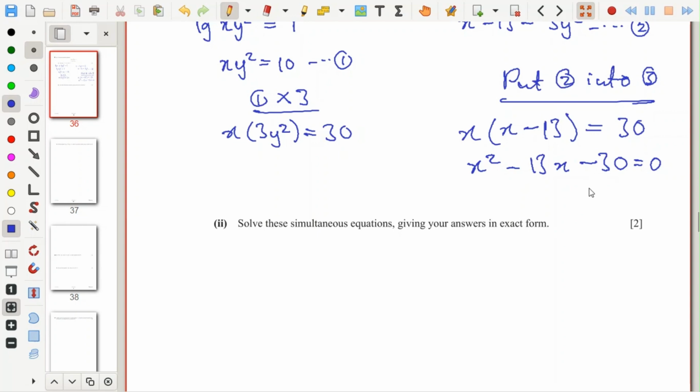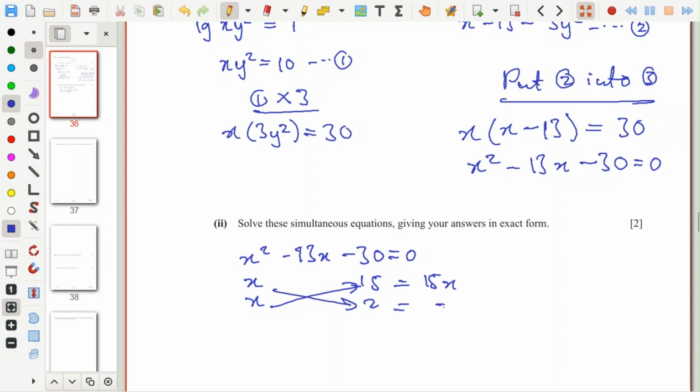Solve the simultaneous equation. Okay, so let's solve the quadratic and see what we get. I'll encourage you to desist from using the calculator often, unless it's very necessary, because of paper 1. x times x will give you x squared. 15 times 2 will give you 30. I multiply this, I get 15x. I cross multiply this, I get 2x.